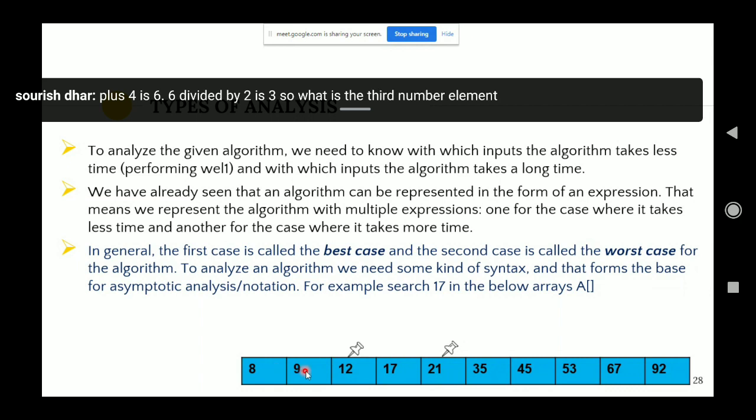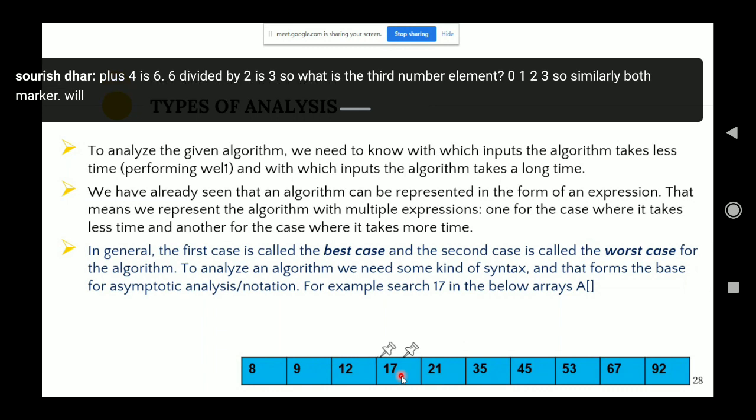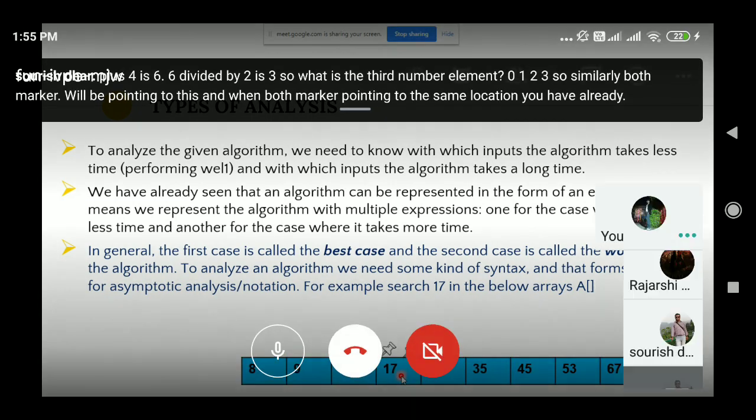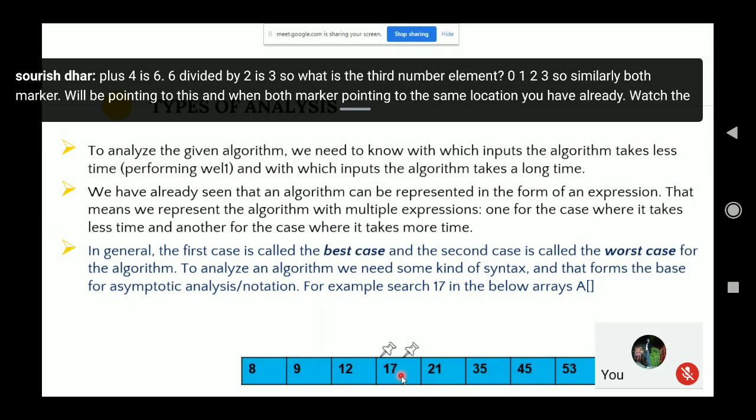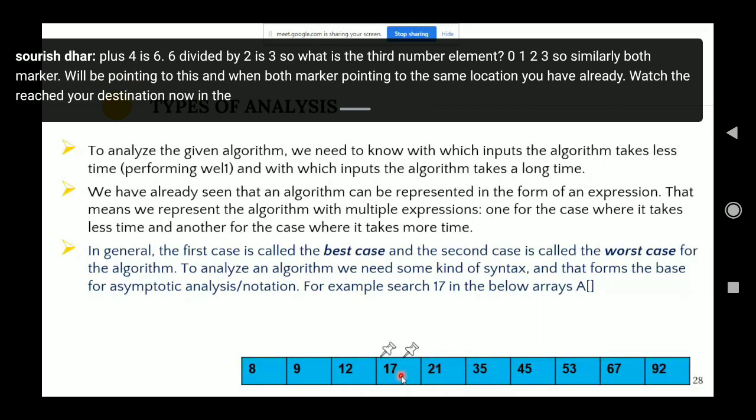0, 1, 2, 3. So similarly, both markers will be pointing to this, and when both markers are pointing to the same location, you have already reached your destination. Now in the previous case, we took 10 steps.